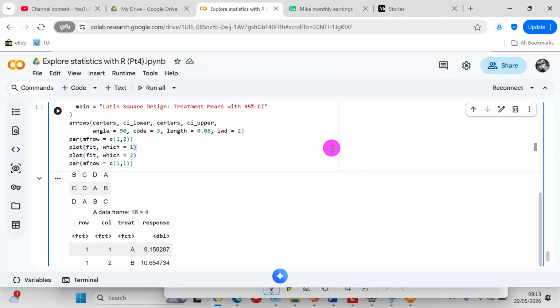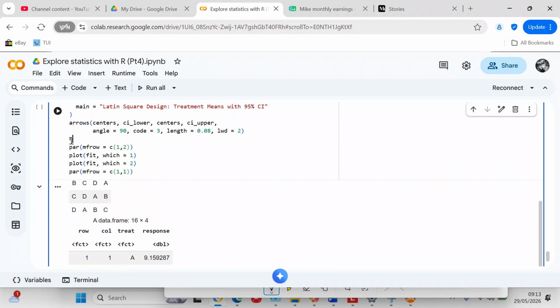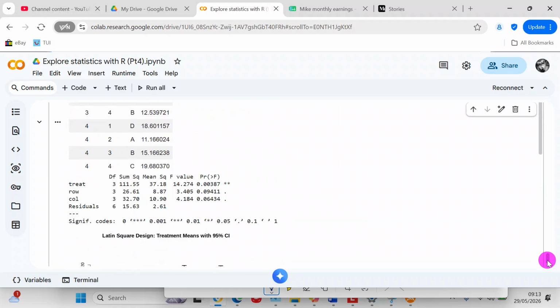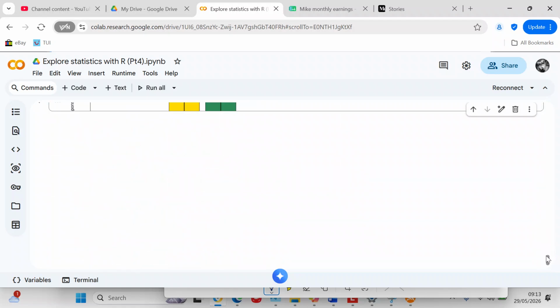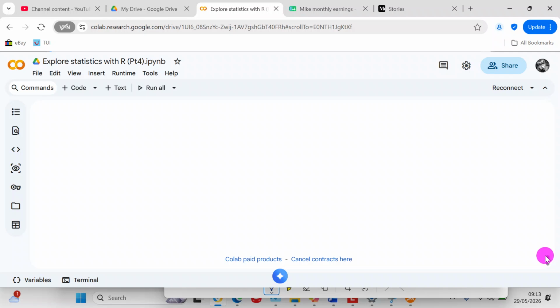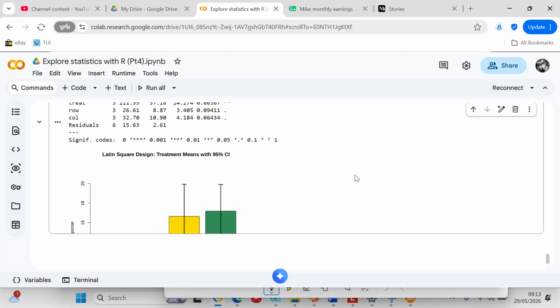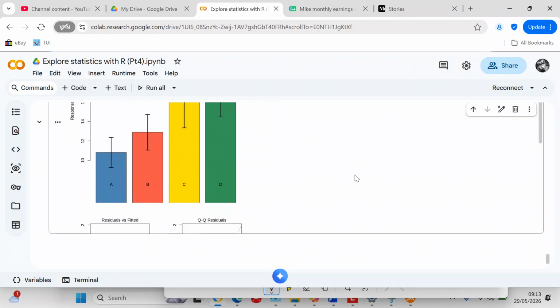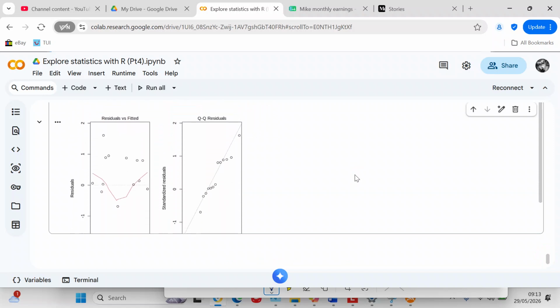We're going to look at our diagnostics. That's what it's called. It should say here, but it doesn't say that. It should be diagnostics. So here's our diagnostics.